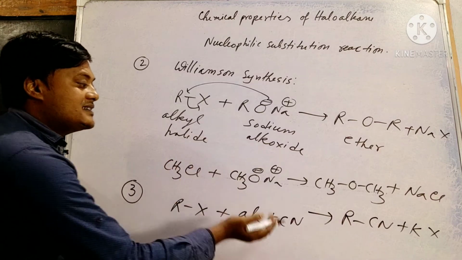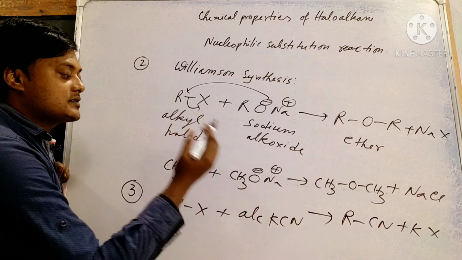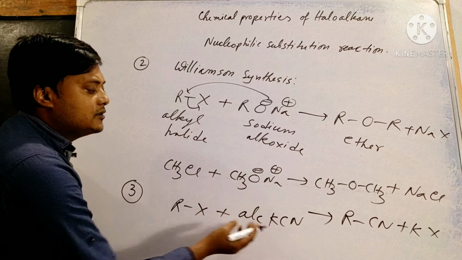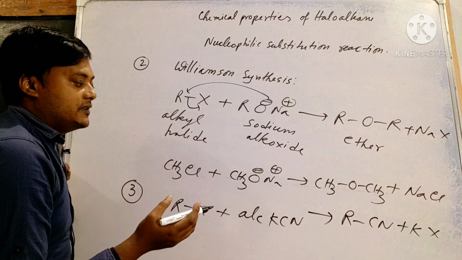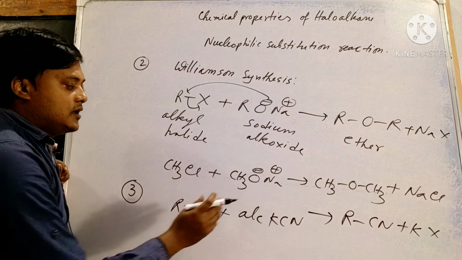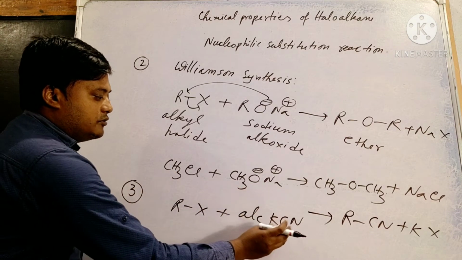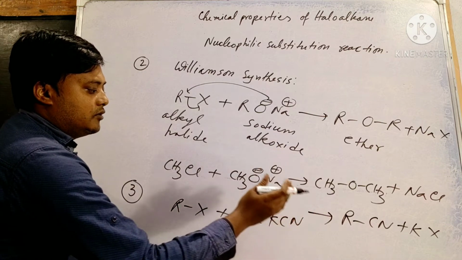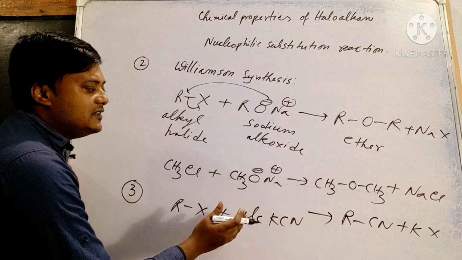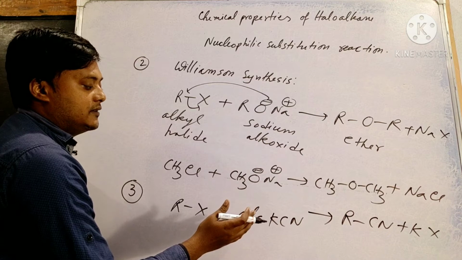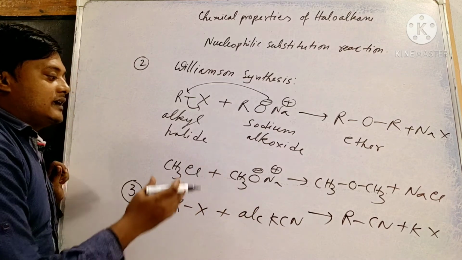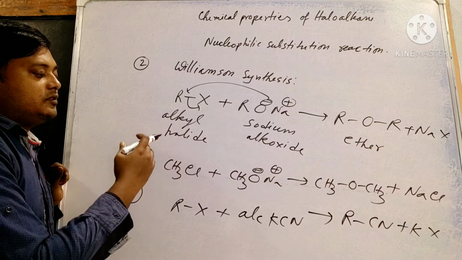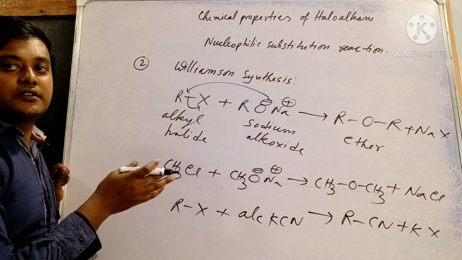So when KCN, we will get cyanide, and when we take AgCN, we will get isocyanide. Remember, when we use KCN, we will get cyanide. When we use AgCN, we will get isocyanide. Actually, CN is an ambidentate nucleophile, it can attack from carbon, also it can attack from nitrogen.